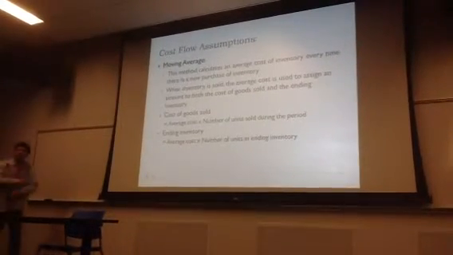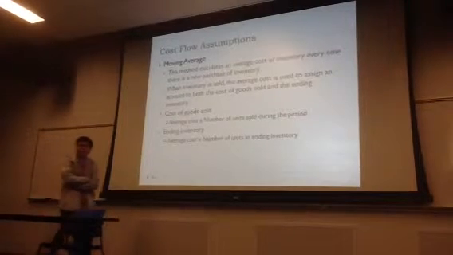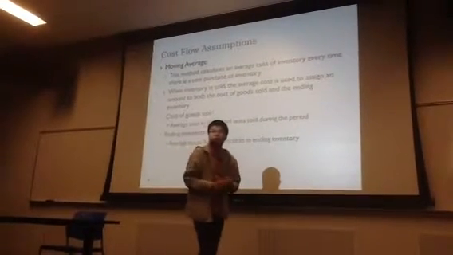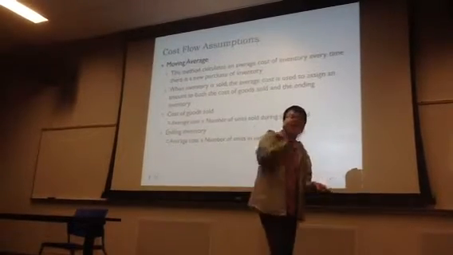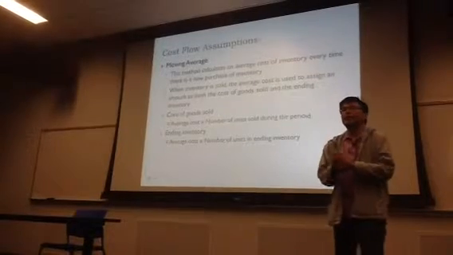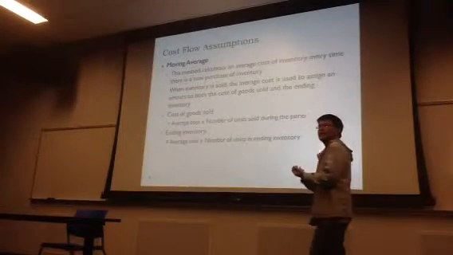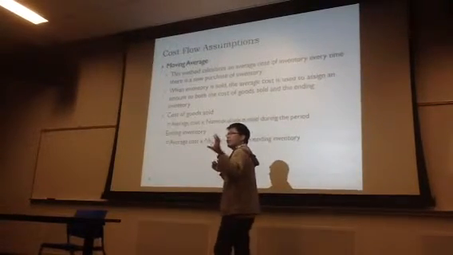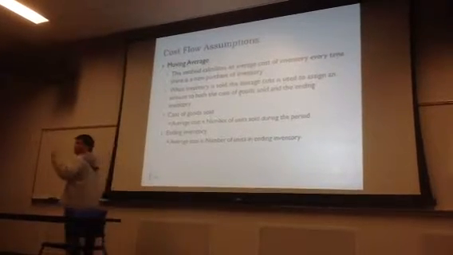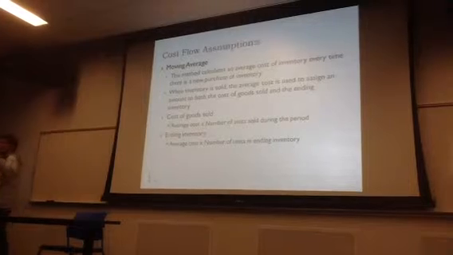Another method that companies use is the moving average. We are not going to make the assumption that the first one that comes in must be the first one that goes out. What we are going to do instead is take the average. For example, back to the example, $10 and $100, we would just take the average, and then apply that average unit cost to every single product that we have.